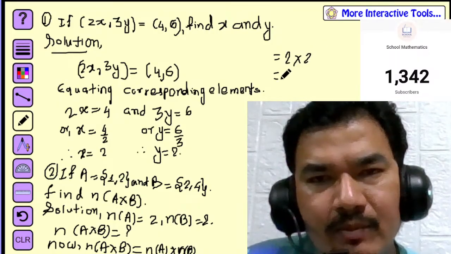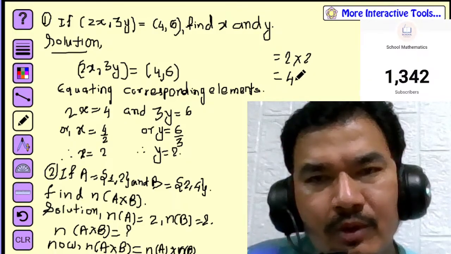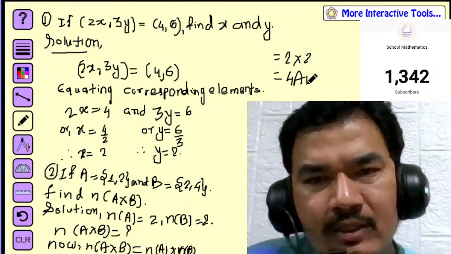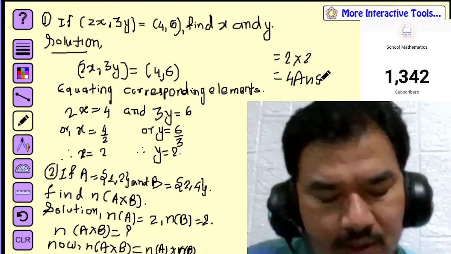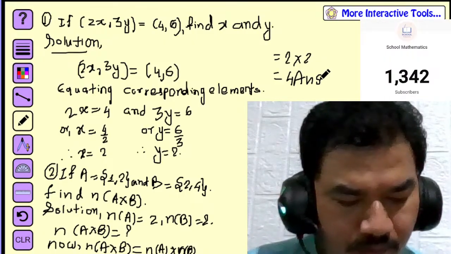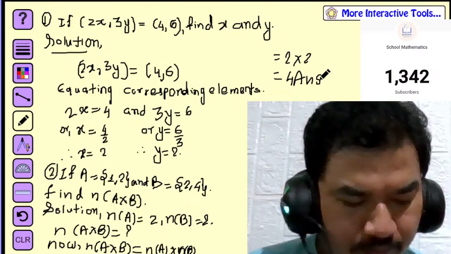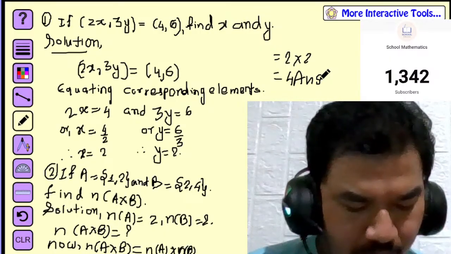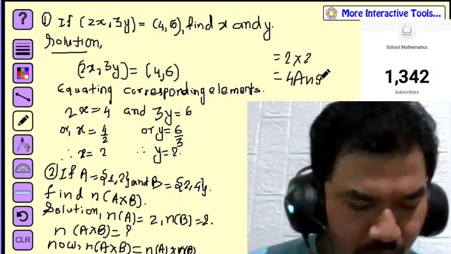When you multiply them, you will get 4. This 4 is the required answer of this question. Okay, children, we need to solve like this.